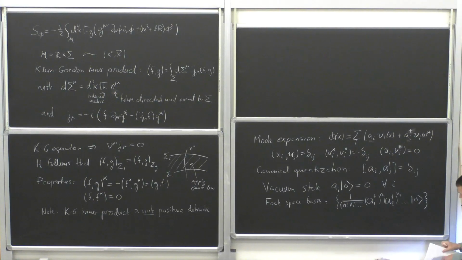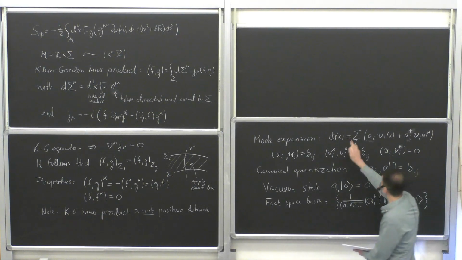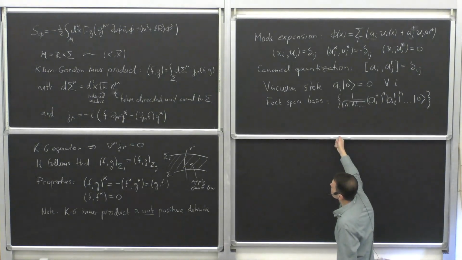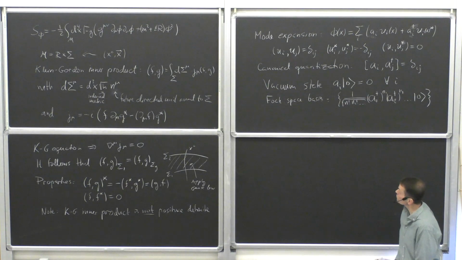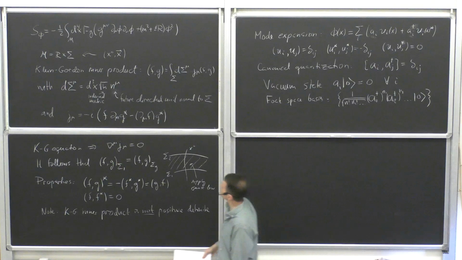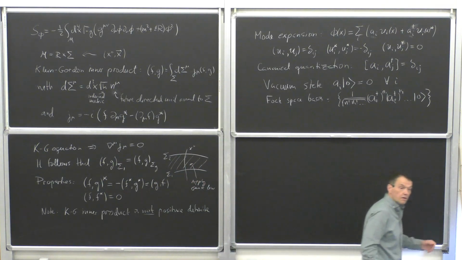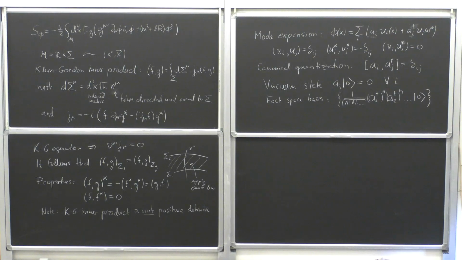If I'm doing this in Minkowski spacetime, these mode functions are easily worked out. Otherwise, if you're on a curved background manifold, of course, you have to solve the Klein-Gordon equation on your particular space.